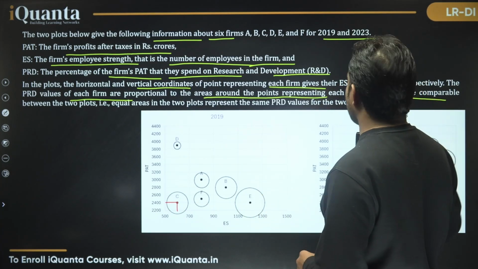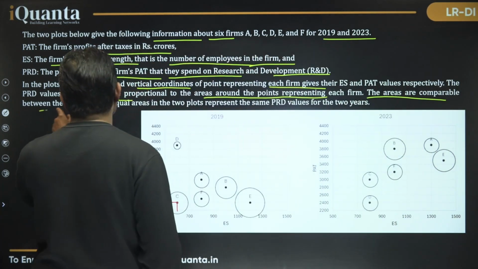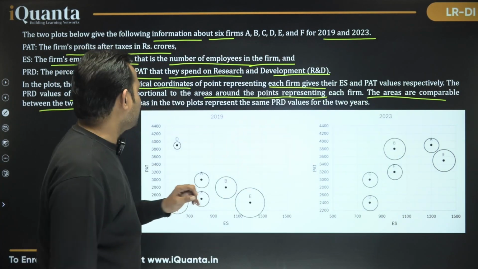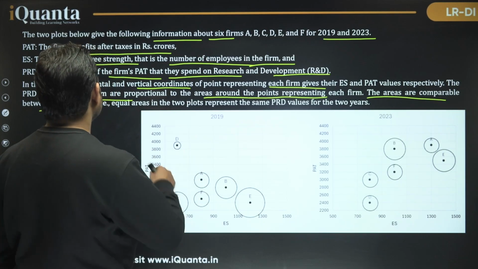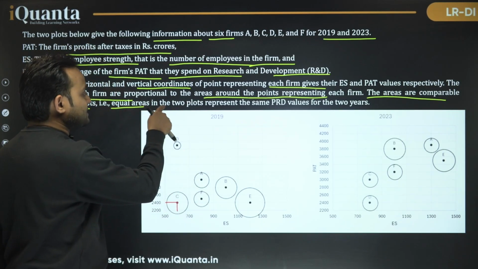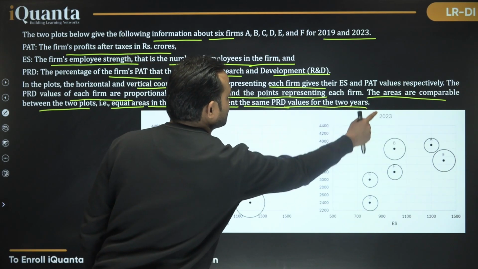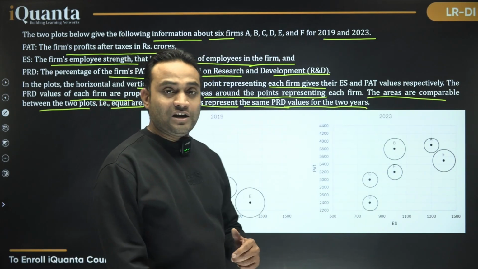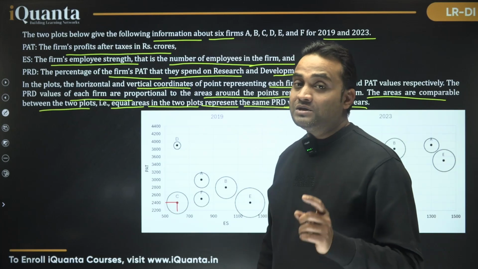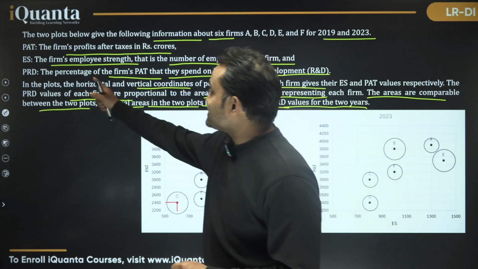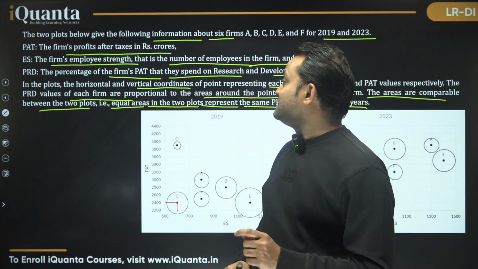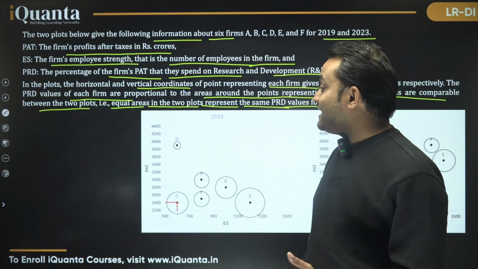The areas are comparable between the two plots, meaning equal areas in the two plots represent the same PRD values for the 2 years. What is the PRD value? The percentage of the firm's PAT that they spend on R&D.